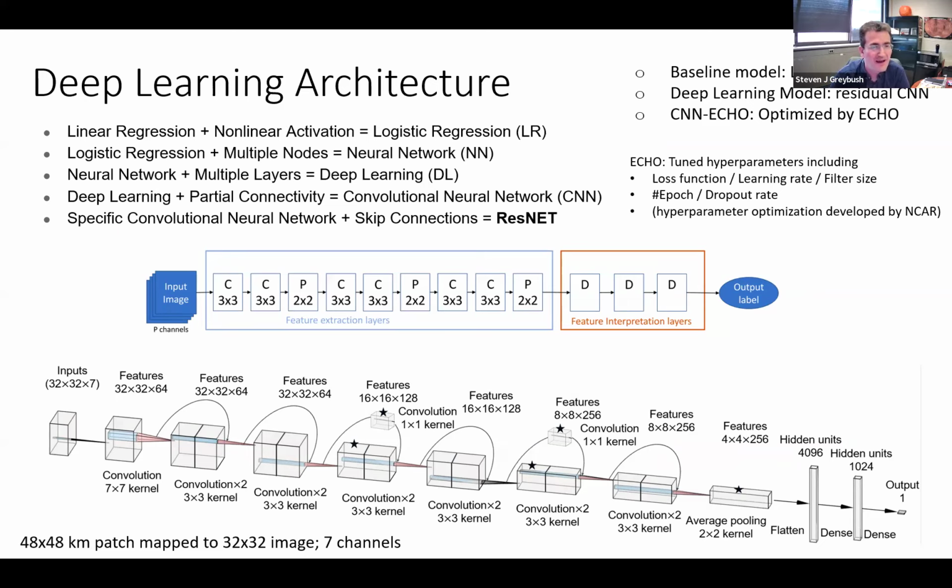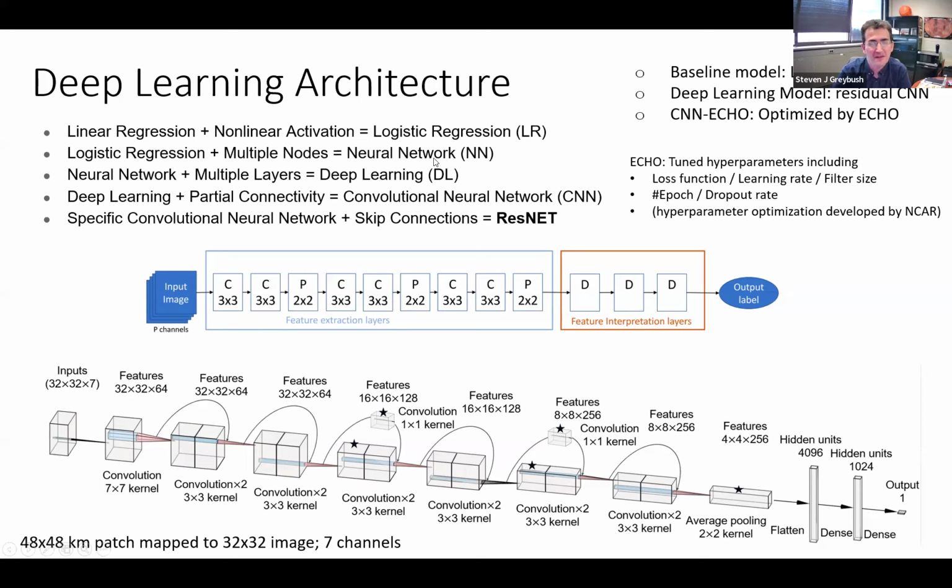Y equals a1 times x1 plus a2 times x2, all the way out plus a y-intercept. And then you pass that through maybe a hyperbolic tangent or a sigmoid function. That gives you logistic regression. Again, it can still be used in MOS. When you add multiple nodes of these together, you get a neural network. So this logistic regression node is kind of a single neuron.